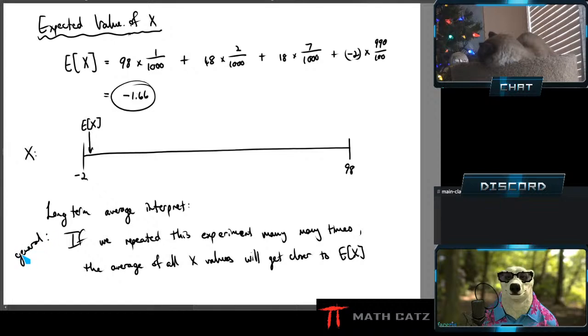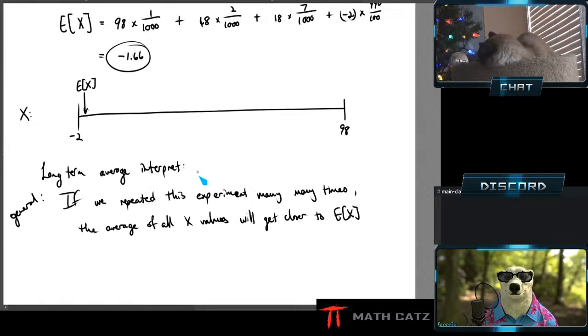This is now in general. I can now apply that interpretation to my specific situation. That means if I played the raffle over and over, many, many times, the more I play, the more my average profit will be negative 1.66, which means I will lose, specific to my example.